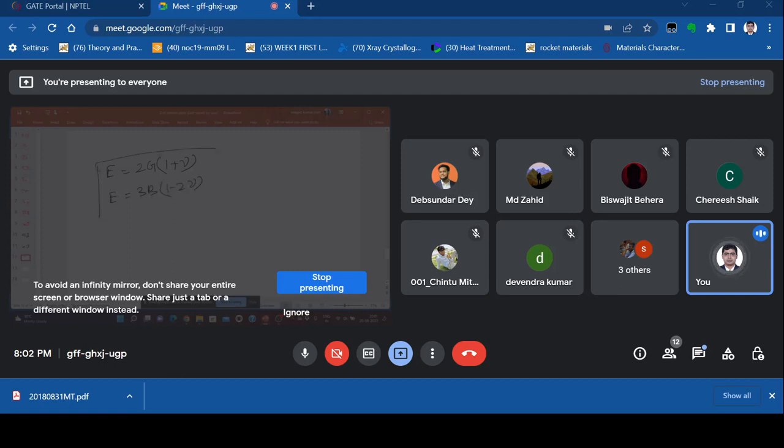So these two you must remember. This is Young's modulus, bulk modulus. This is Poisson's ratio. This is shear modulus. Now what is the maximum value of this Poisson's ratio? Anyone know?